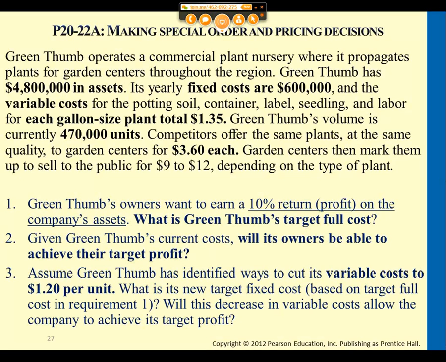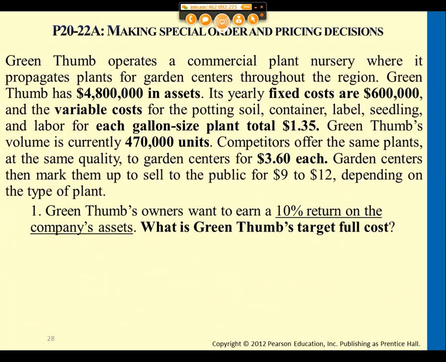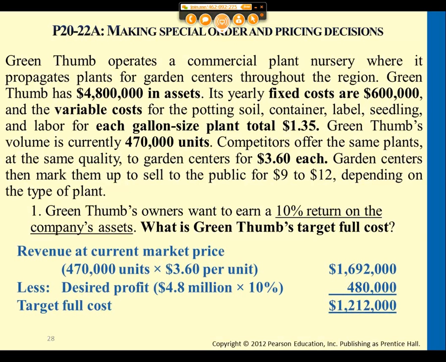Okay, so the owners want to earn 10% profit on the company assets. What is their full cost? We'll do the first one: what is the target full cost? We'll take revenue at current market price, subtract desired profit, and that's how we get the target full cost.